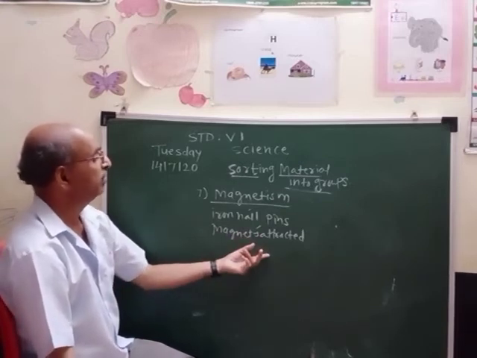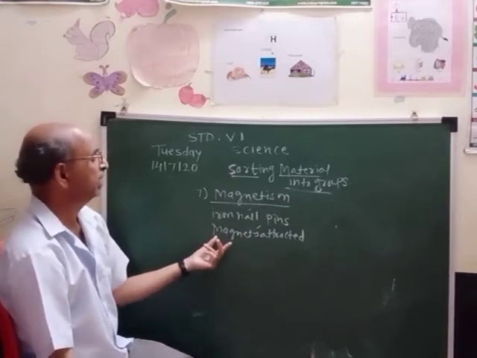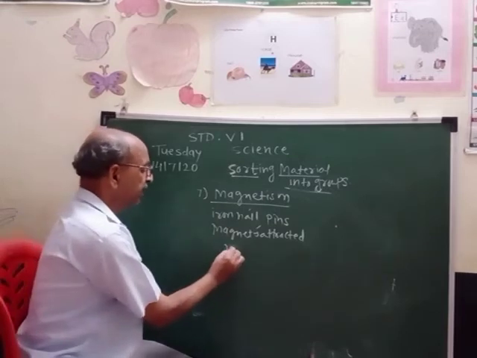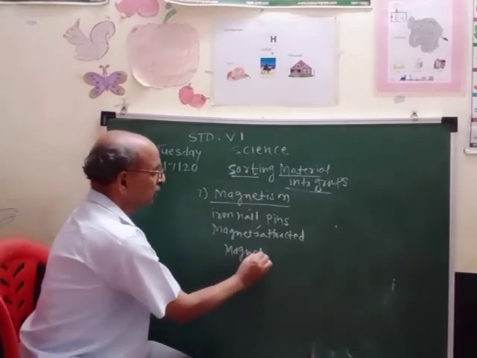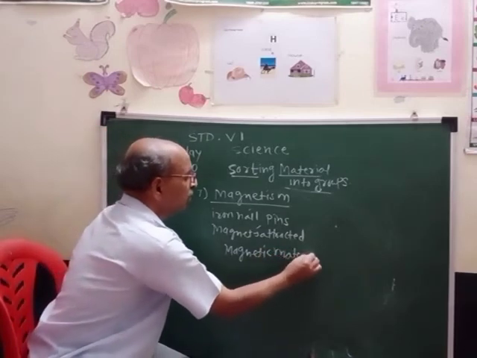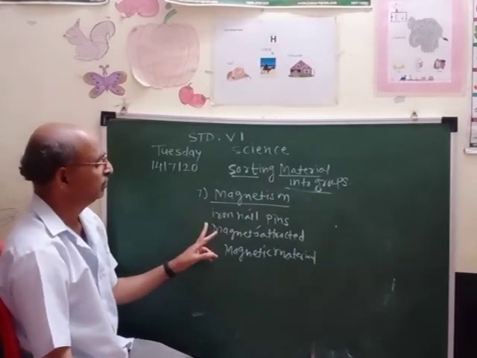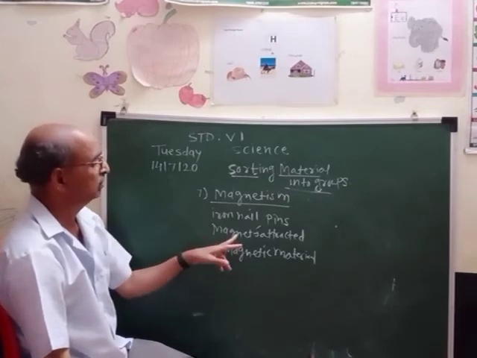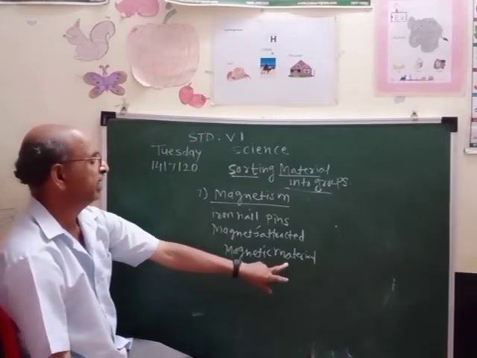The material which gets attracted towards the magnet is called magnetic material. The materials or objects which get attracted towards the magnet are called magnetic materials.